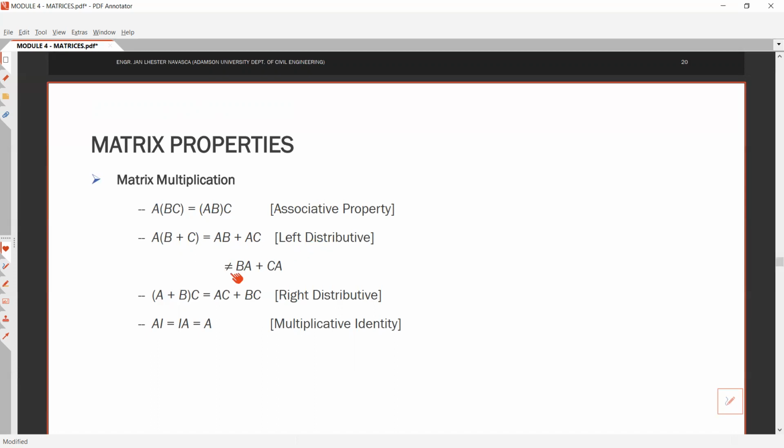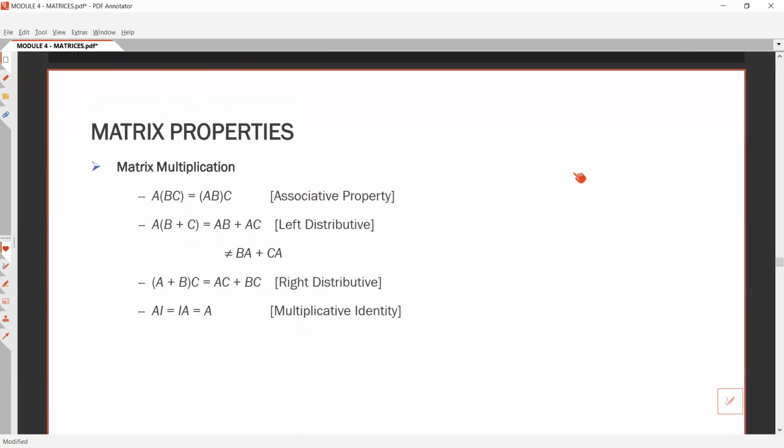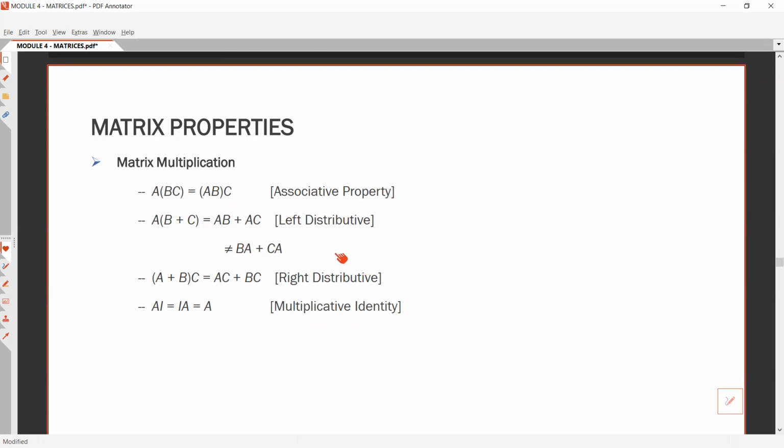However, yung BA plus CA is not the same. Okay? Next one. For the right distributive property, A plus B, okay, multiplied by C is equals to AC plus BC. Okay? So, gumagana yung distributive property for the matrix multiplication.